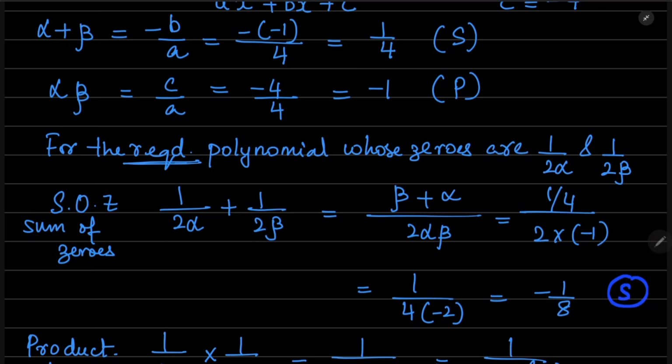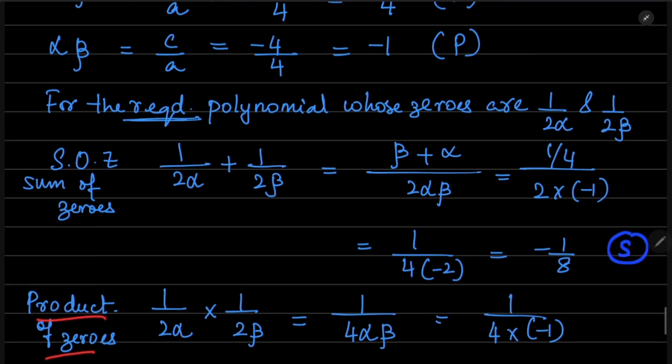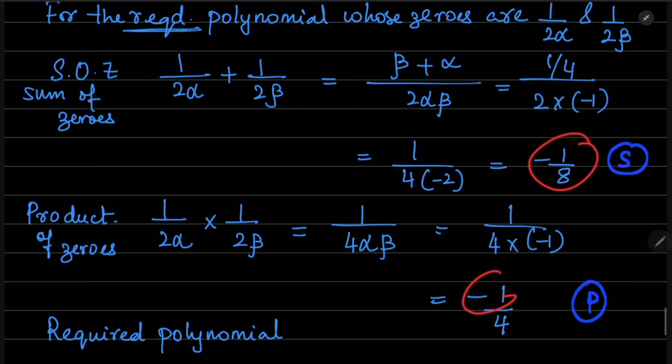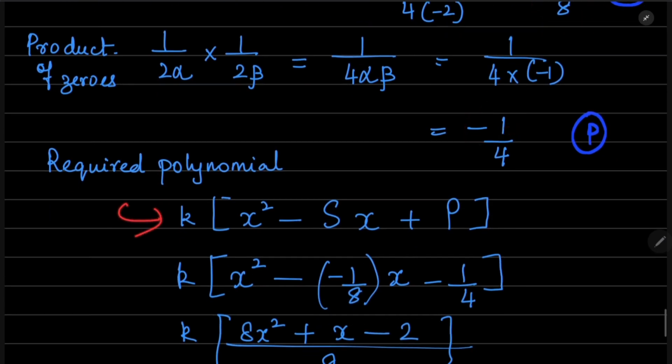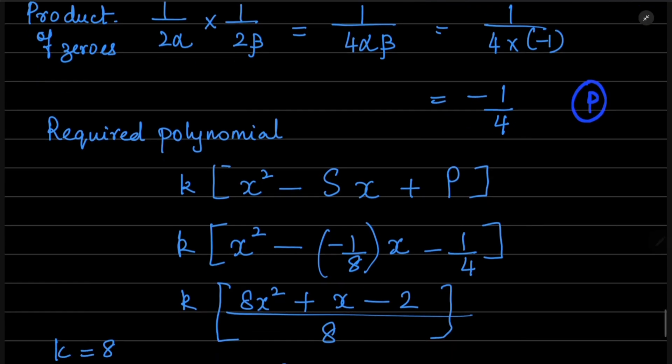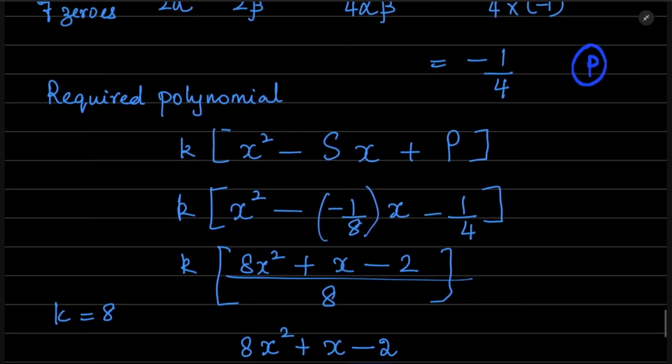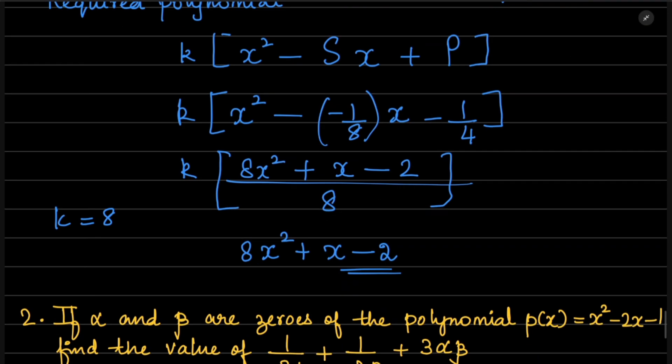Using the existing values, we are finding out the new sum and the new product, and using this sum and product, we are writing our required quadratic polynomial. Hope you understood. Let's move on to the next question.